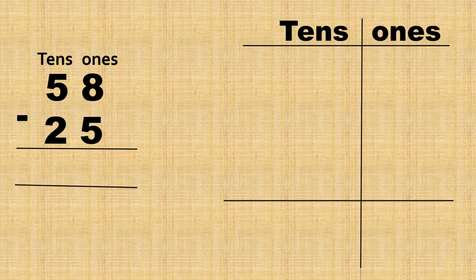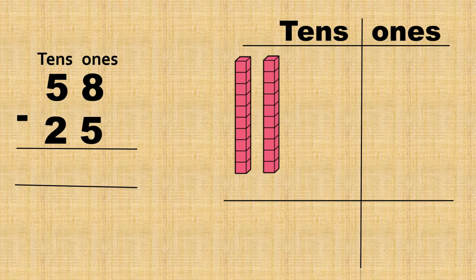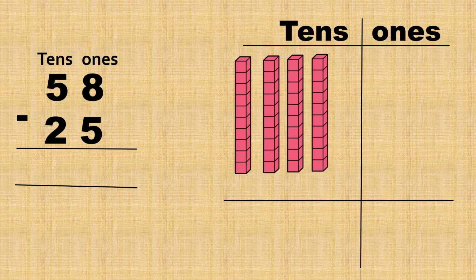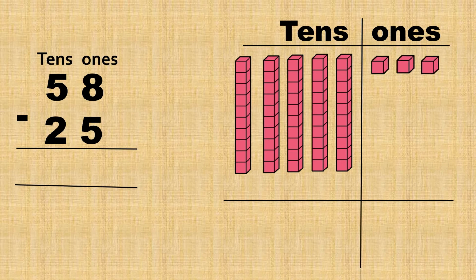We can show 5 tens block. 1, 2, 3, 4, 5. Similarly, the number 8 is in ones place. Can be shown by using 8 ones blocks. 1, 2, 3, 4, 5, 6, 7, 8.